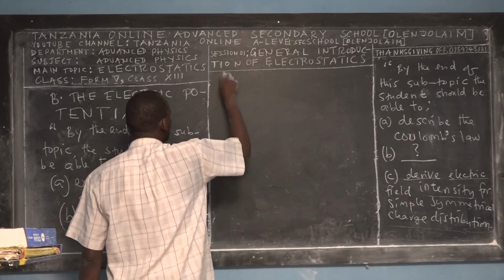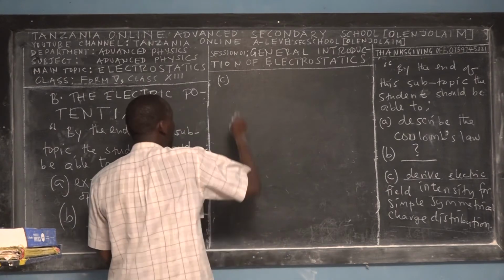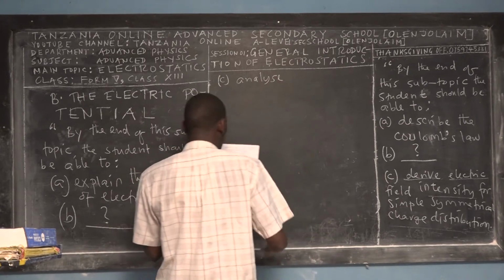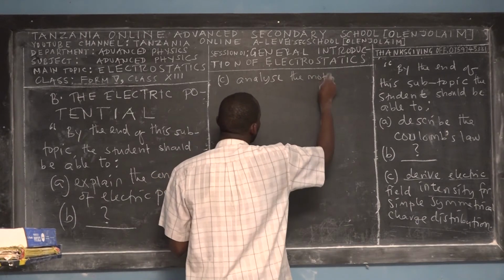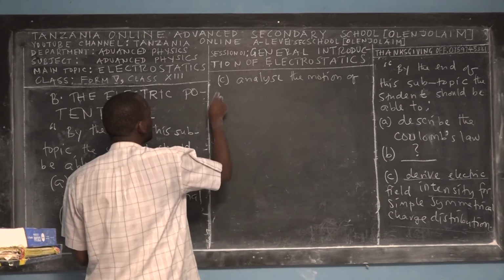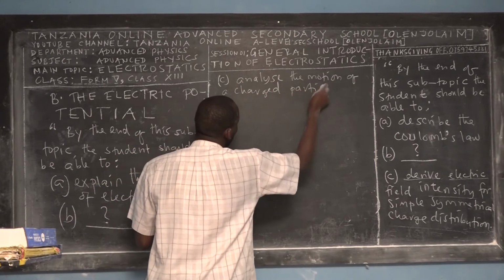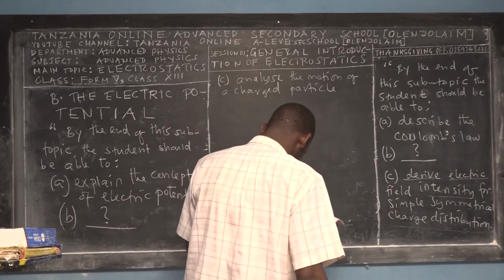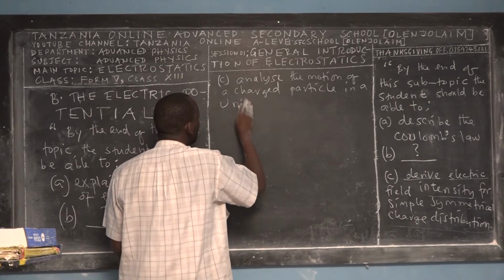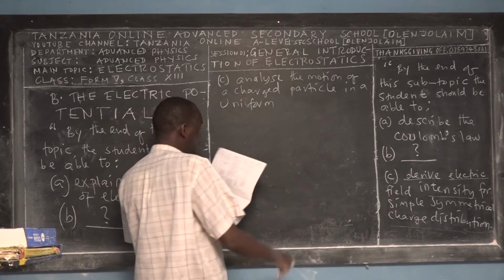And then C, they said the specific objective will be that the student should be able to analyze the motion of a charged particle in a uniform electric field.